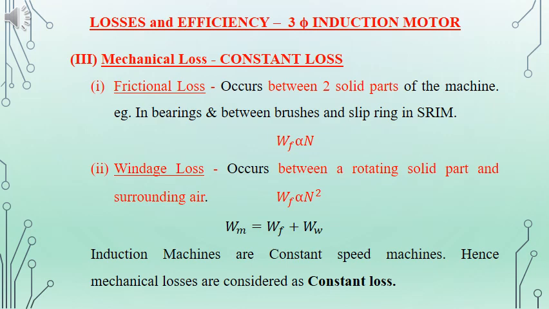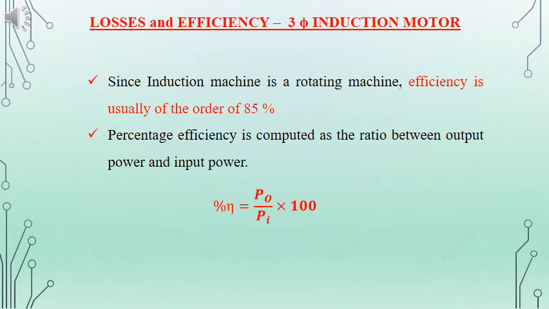And here again, if we consider the machine to be operating at a constant speed, we can consider the mechanical losses, that is friction as well as windage loss, as constant loss. An induction machine is a rotating machine, and the efficiency of the machine is of the order of 85%, and the percentage efficiency is given by the equation P output divided by P input into 100.